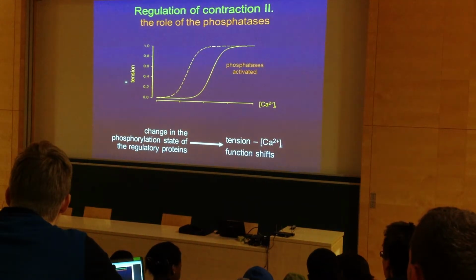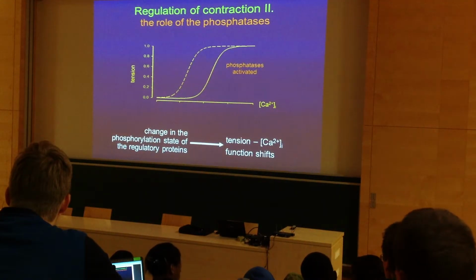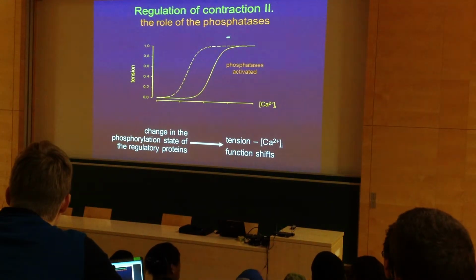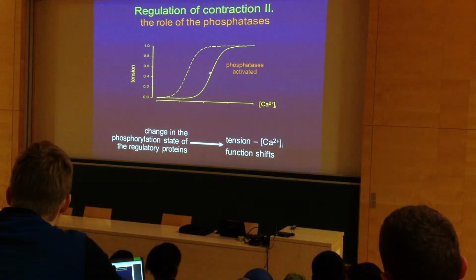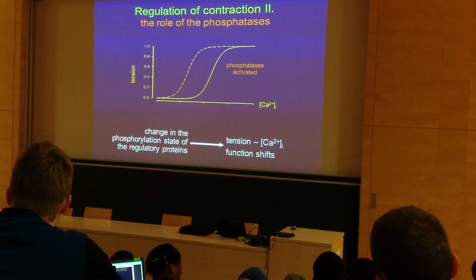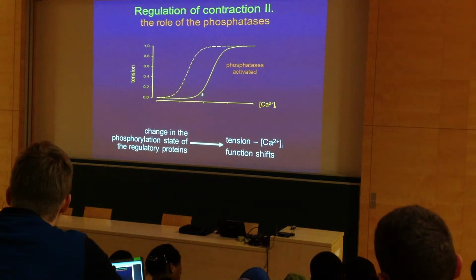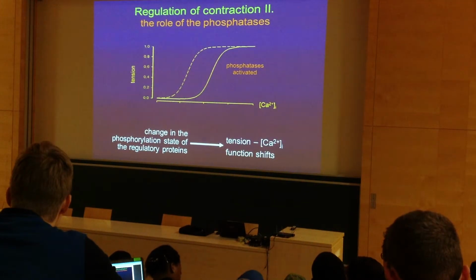This shows the tension as a function of calcium concentration if phosphatases are not activated, and this shows you the tension that is generated if phosphatases are activated. So what happens if you take an intermediate calcium concentration, let's say something here.